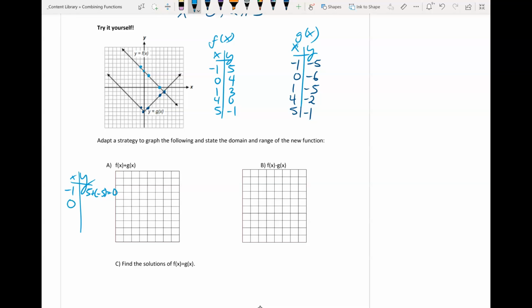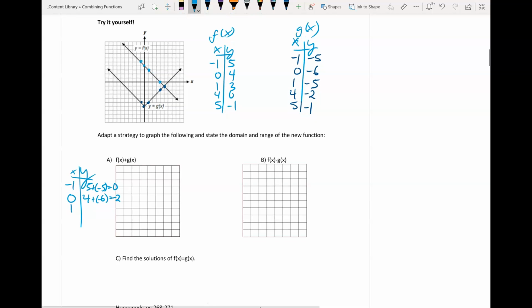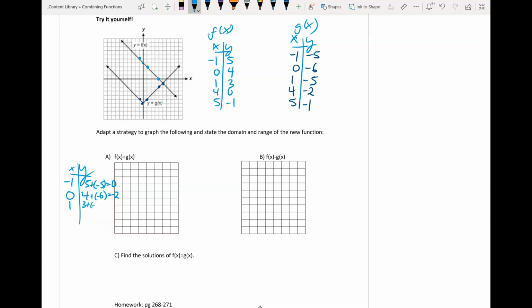Then we have 0, our y value is going to be 4 plus -6, which is -2. For 1, we have 3 plus -5, which is -2. For 4, we have -2, and lastly for 5, -1 plus -1 is -2.